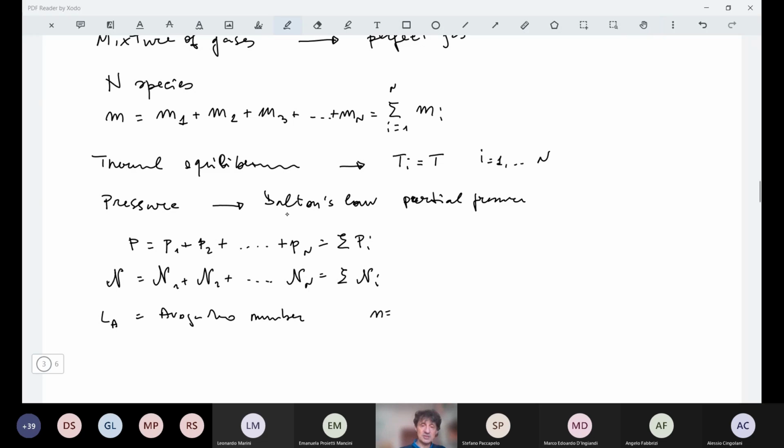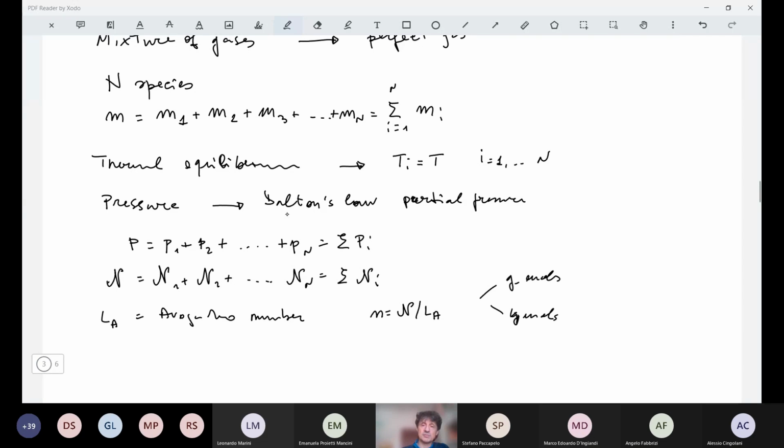So the number of moles is the number of particles divided by the number of particles that are present within a mole, which is a fixed quantity, and it is 6×10^23 if we are considering gram moles, or 6×10^26 if we are considering kilogram moles. So this can be gram moles or kilogram moles.